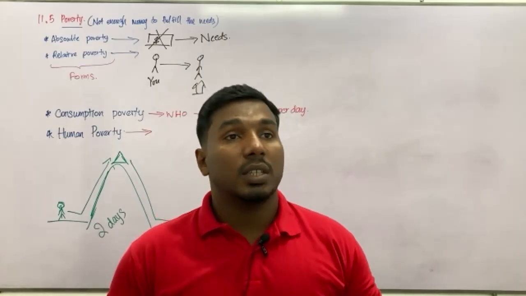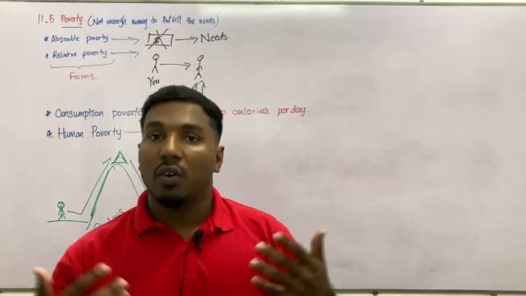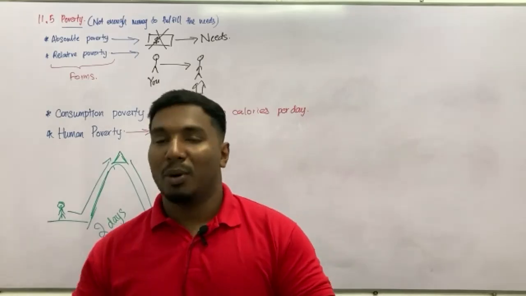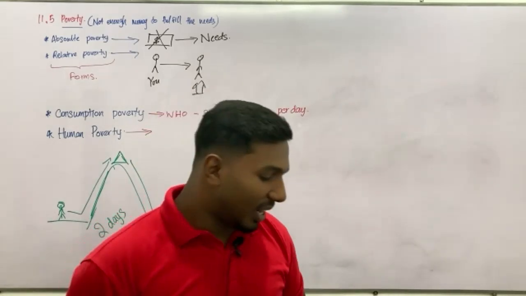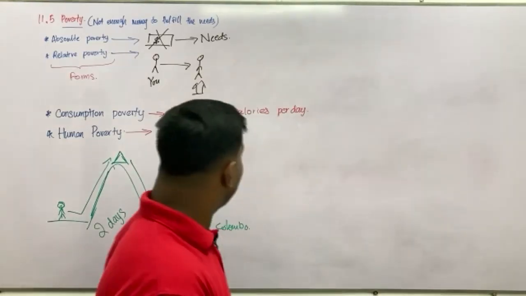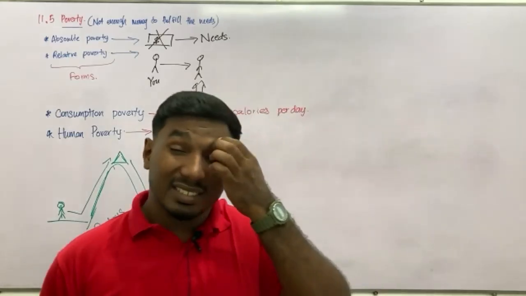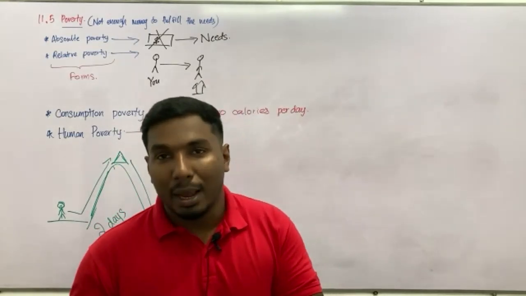No one is there for him to talk to or to tell anything. No friends, no love, no parents, no good human relationships. So that is known as human poverty. Okay, I think in school some people behave like that, but it's not human poverty.